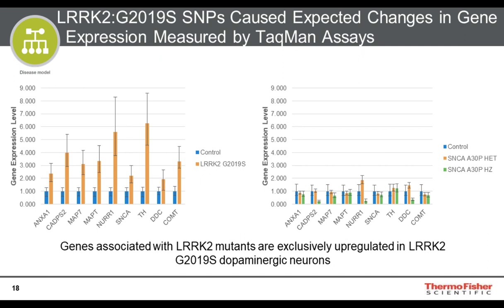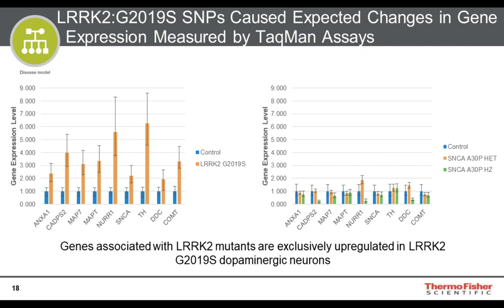We furthermore looked into some gene expression profiling, where we looked at genes that are uniquely associated with LRRK2 mutants. So in the plot on the left-hand side, you see a panel of genes that are known to be upregulated in patients with LRRK2 G2019S mutations.